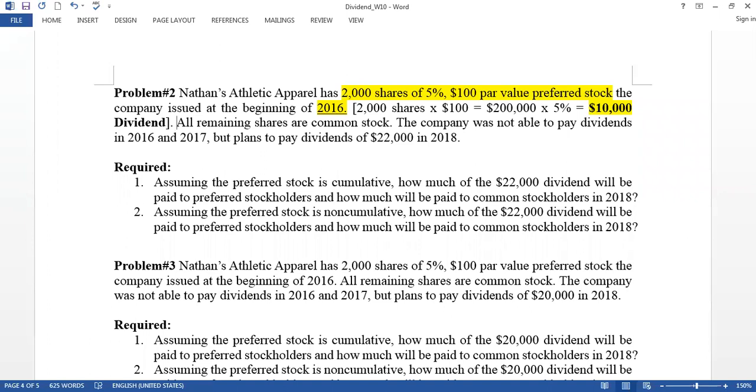The company was not able to pay dividends in 2016 and 2017. So you bought this share in 2016 and did not receive any dividend. In 2017, you did not receive any dividend. Now 2018 came, and the company declared and paid only $22,000 dividend.